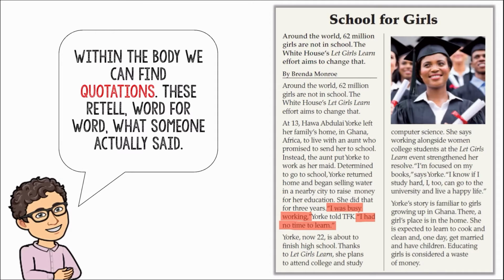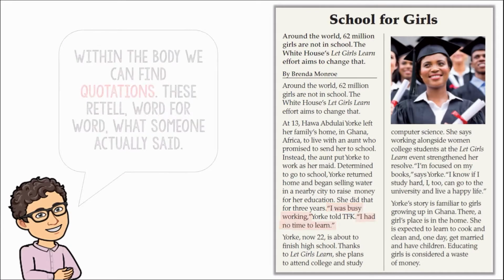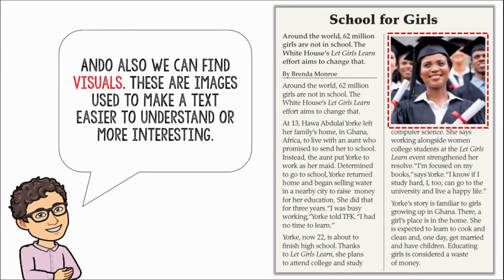That is a quotation, something that the girl said. And also we can find visuals, which are images used to make a text easier to understand or more interesting. In this case, we see a picture of her graduating from high school or college.